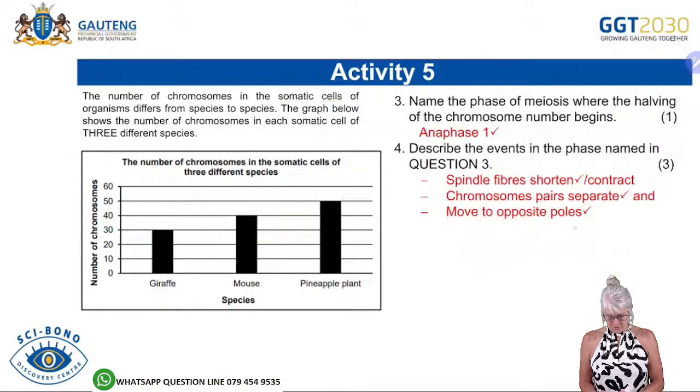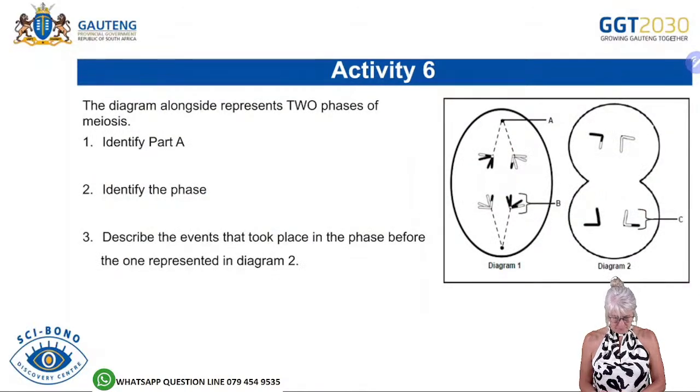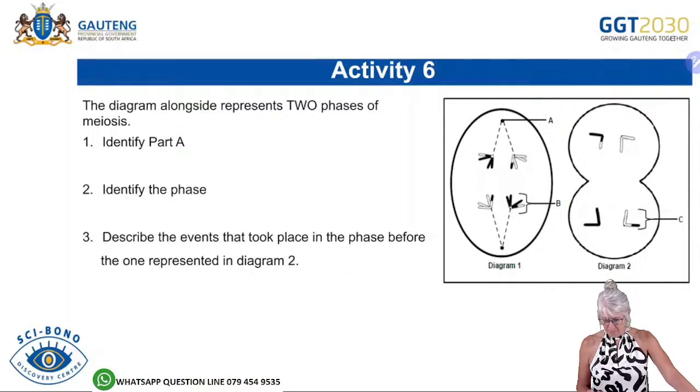Alright, let's move on to the next activity. Okay, so here again they've given us a diagram showing different stages during meiosis. If I just look at diagram 1, I can see there are still 2 chromatids that are joined by the centromere in each one of the chromosomes.